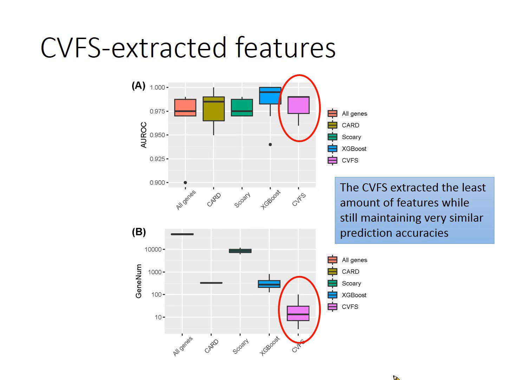One can see very easily that the prediction accuracy of the cross-validated feature selection approach is comparable to other methods, including known antimicrobial resistant genes or other feature selection methods. While the number of genes is greatly reduced compared to other methods, this shows that the gene sets selected by the cross-validated feature selection approach may indeed be more relevant to antimicrobial resistance outcomes compared to other methods.